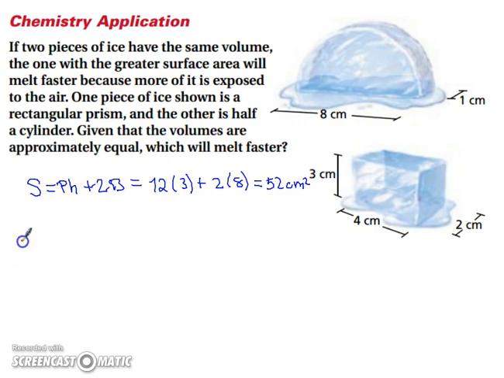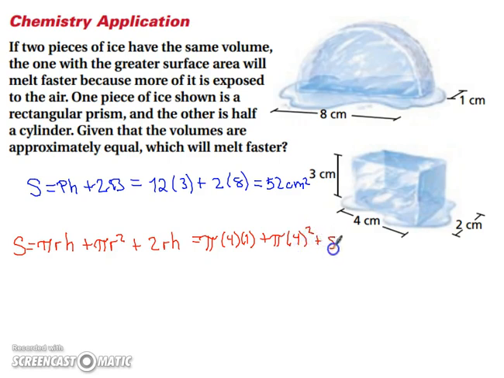Well, now let's try doing the surface area of our half a cylinder. So the surface area of half of our cylinder is going to be pi r h plus pi r squared plus 2rh, which is going to represent pi times 4 times 1 plus pi times 4 squared plus 8 times 1, which is about 70.8 centimeters squared.